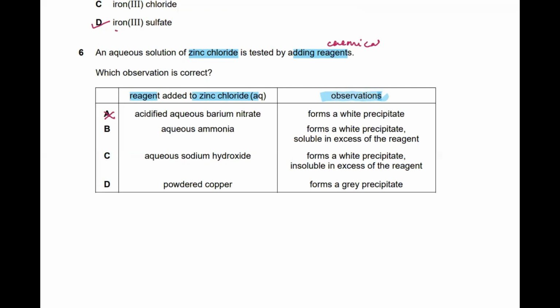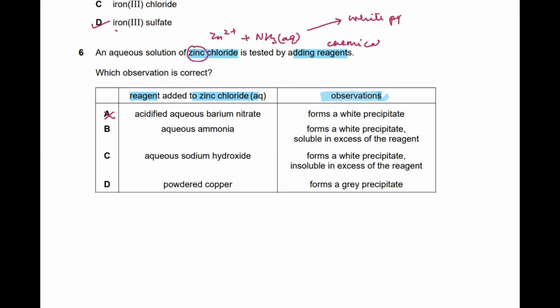Coming to the second part, with aqueous ammonia you are getting a white PPT, which is soluble in excess of the reagent. Now that is a test for the zinc ions. So zinc ions are actually tested with aqueous ammonia. When you add a few drops of aqueous ammonia, you will get a white PPT.